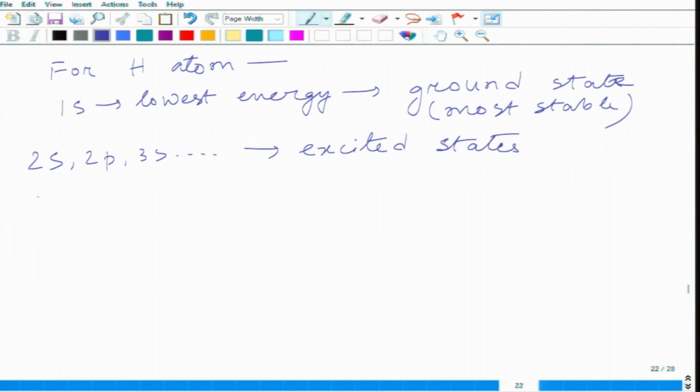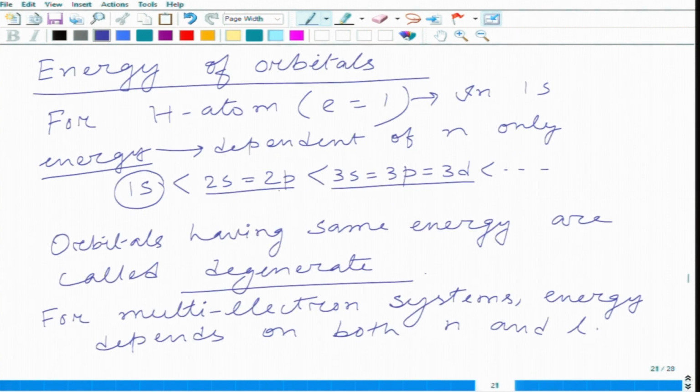But for multi-electron systems, the case will be different. Here we had seen that in a principal quantum number, the different types of subshells, that is S, P, D, etc., had the same energy.